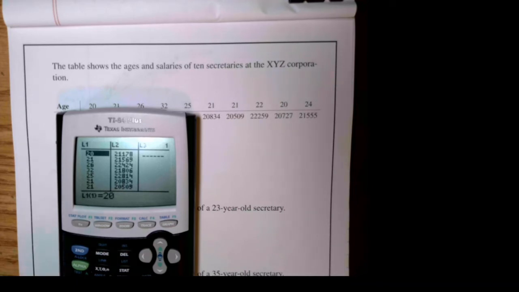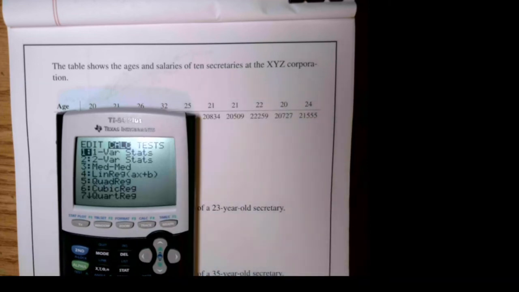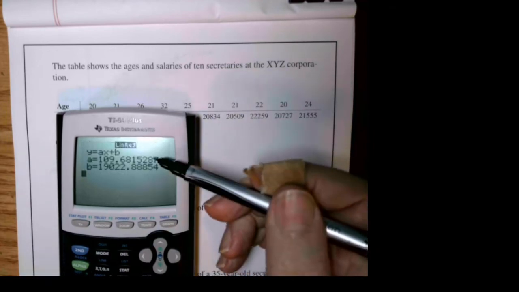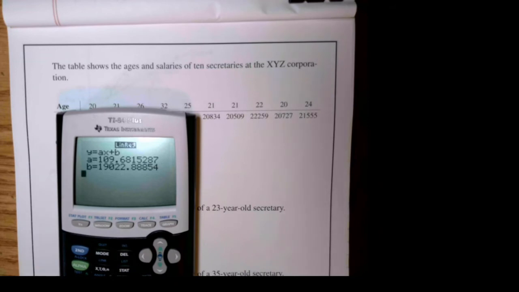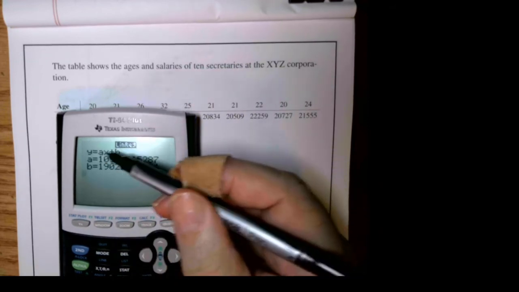And then, to get the coefficients of the regression line, the A and B, you just go to Stat, Calc, and then number 4 there, LinReg(ax+b), press Enter, and press it again, and there are A and B. It shows y equals ax plus b, which reminds you of which coefficient is which.